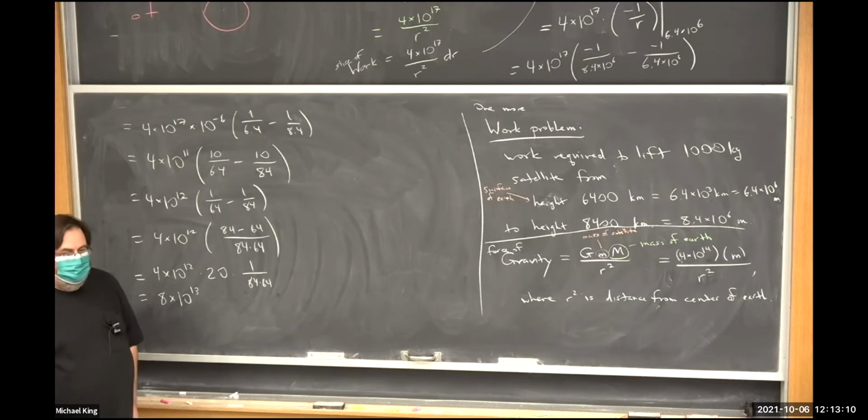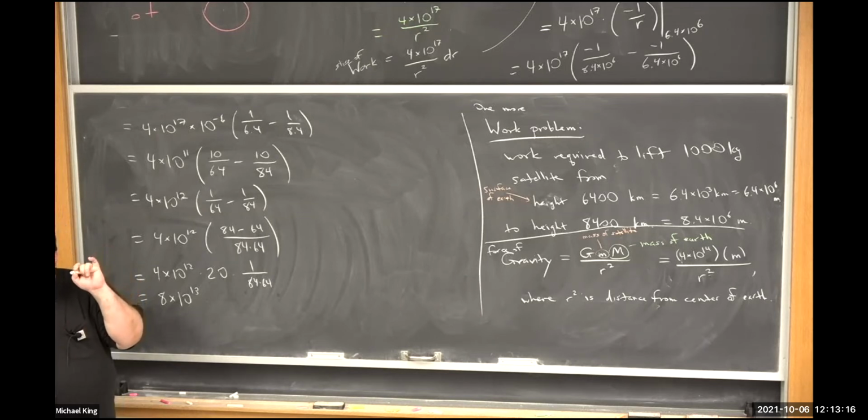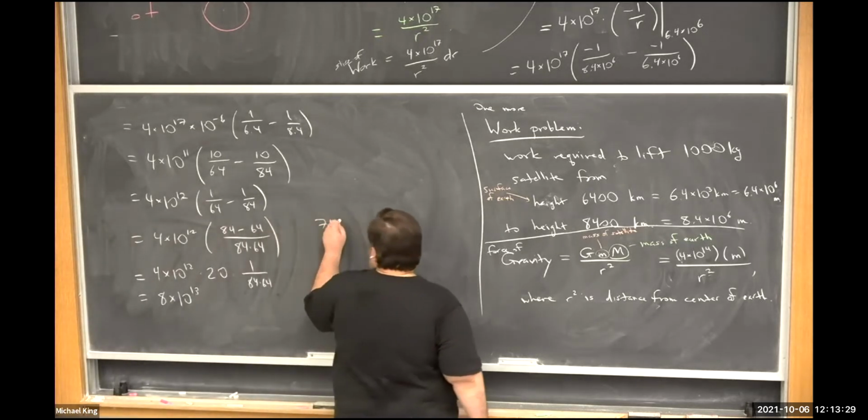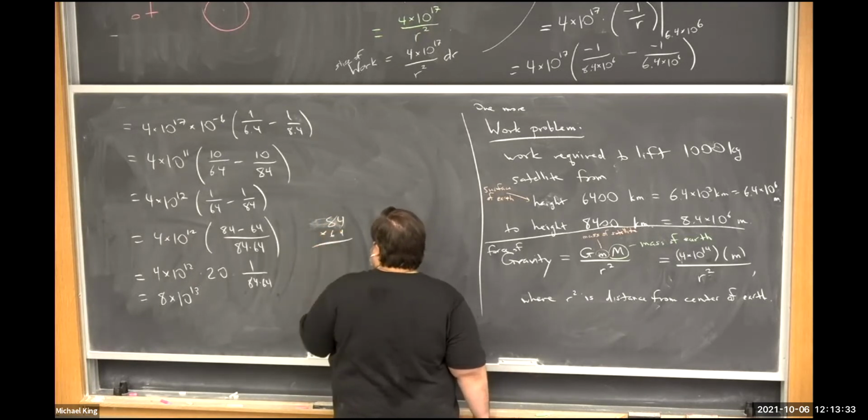I'm gonna get it. 74 squared. 4,900 plus 5,600. No, that's not right. 4,900 plus 560 plus 16. It would be long. It would be less time to just multiply it out, right?